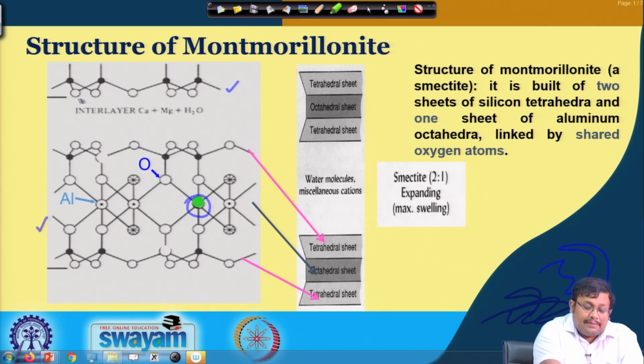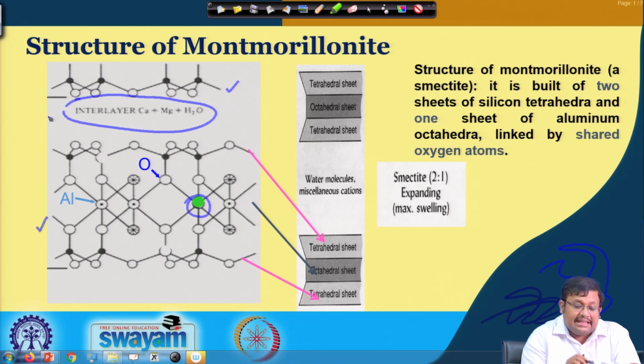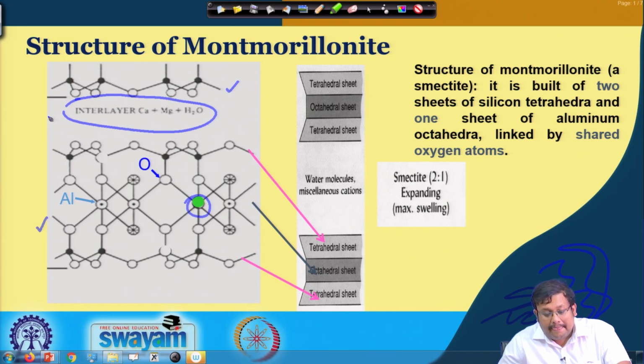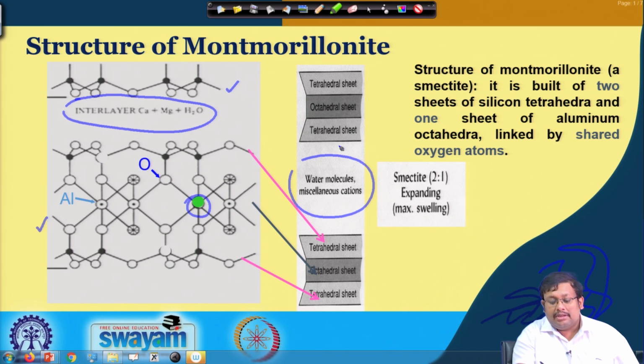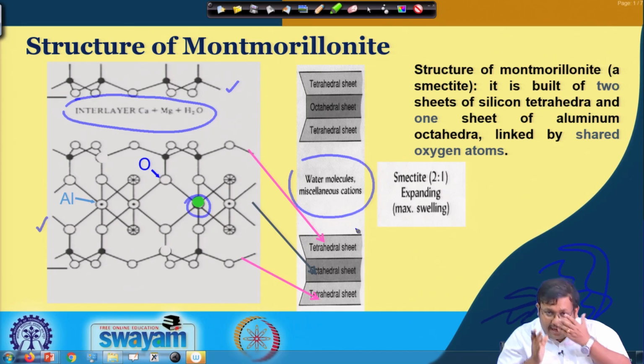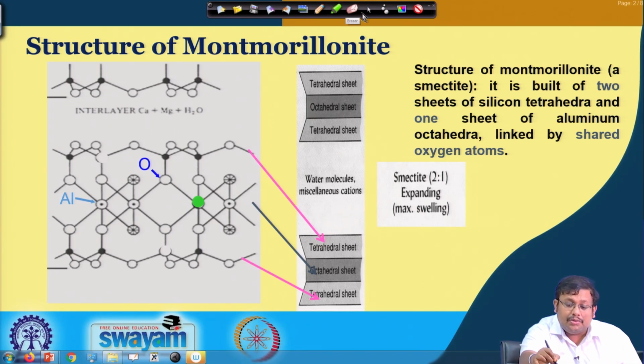And the interlayer space between two layers is basically occupied by calcium, magnesium and water. So, miscellaneous cations and water molecules occupy the middle, and as a result there is a large gap between the two adjacent layers, and that is why it is showing high or maximum swelling. Okay, so I hope this is now clear to you.